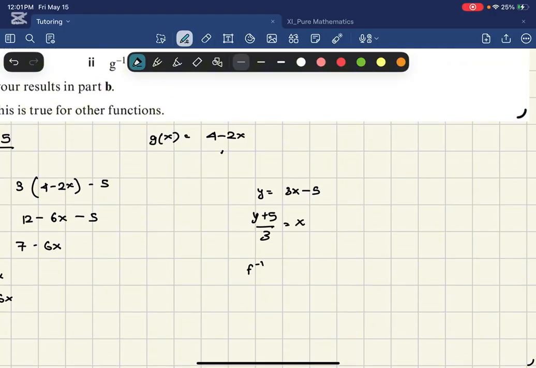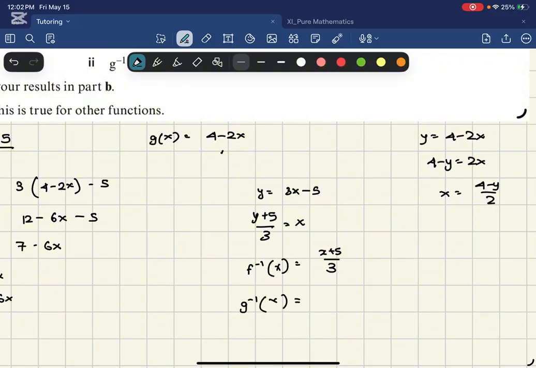So therefore, f inverse of x is just (x + 5)/3. Now we invert g of x, which is 4 minus 2x. So 4 minus y is equal to 2x if you simplify. And x is going to be (4 - y)/2. So g inverse of x is (4 - x)/2.